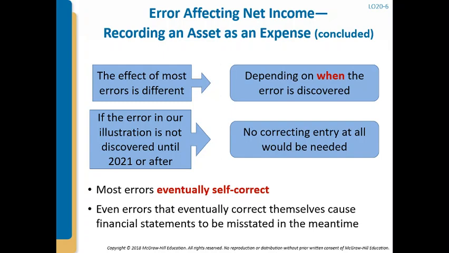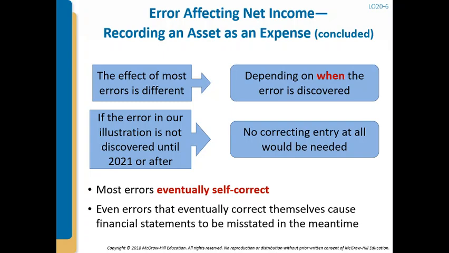So here, what they indicate is that if the error in our illustration is not discovered till 2021 or after, no correcting entry at all would have been needed at that point, because the $7 million asset would have been fully depreciated anyway.